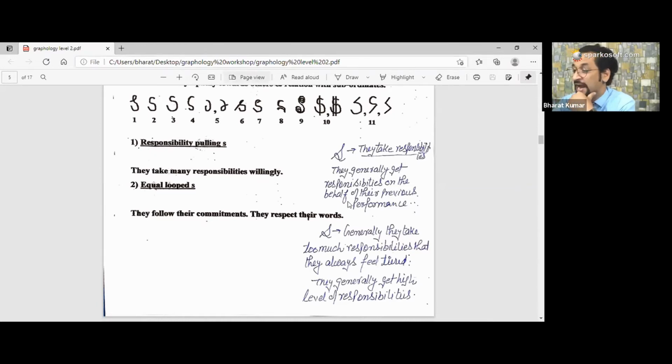Very nice, check. The upper loop is smaller in the second S. Yes, Simranjit, very nice. Sandhya, very nice. The upper loop in these two S has a difference. Got my point? One more thing, check this loop which is holding this line. In the upper S, this loop is more wide. In the lower S, this loop is mildly pointed.